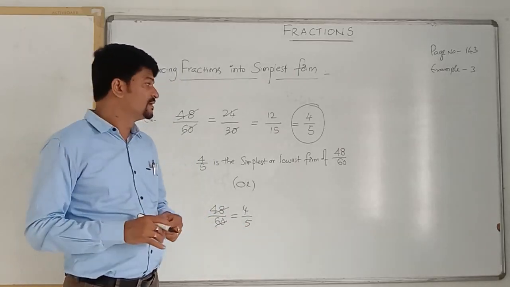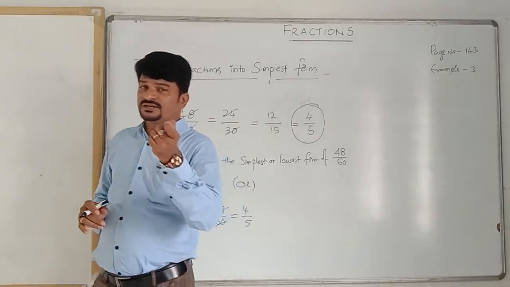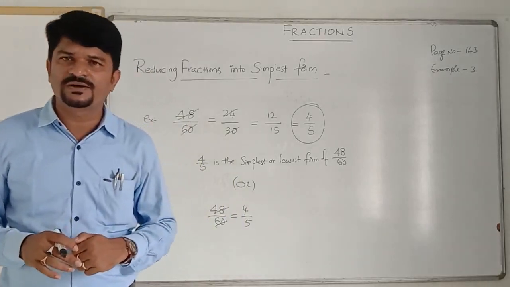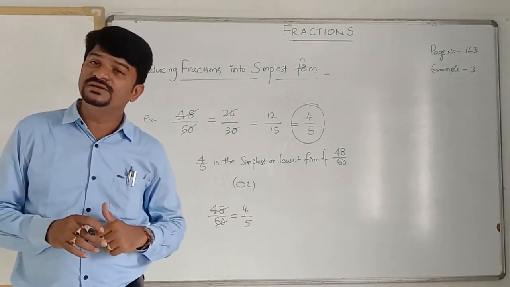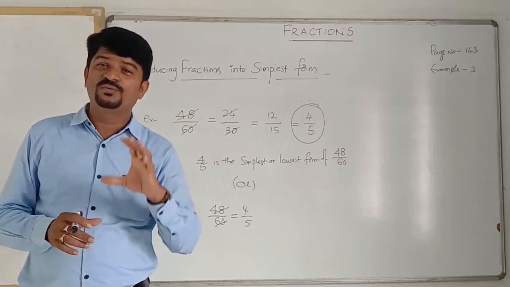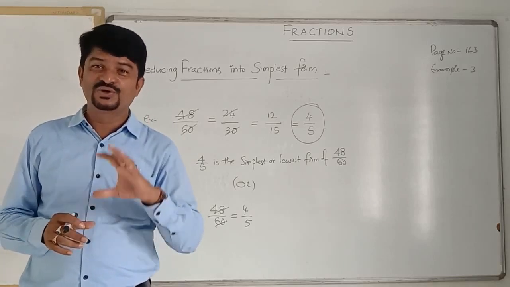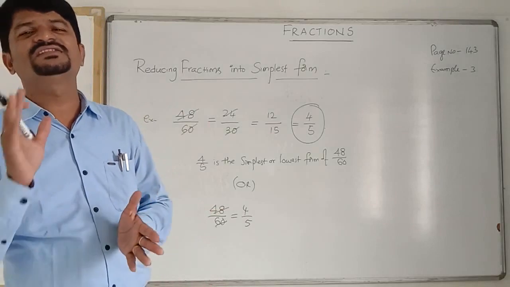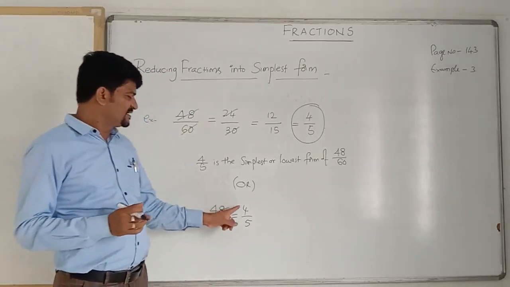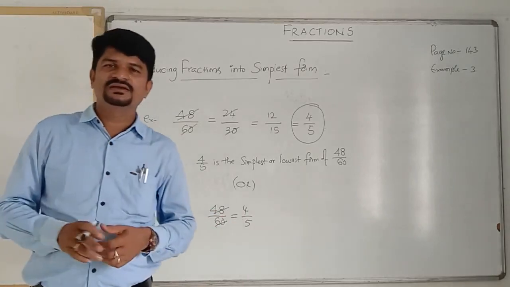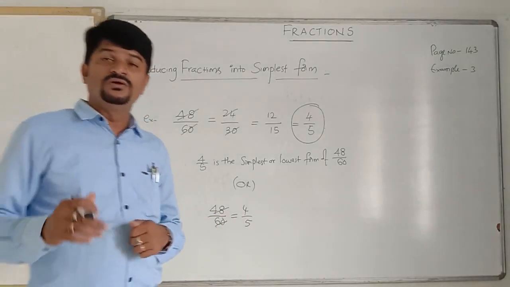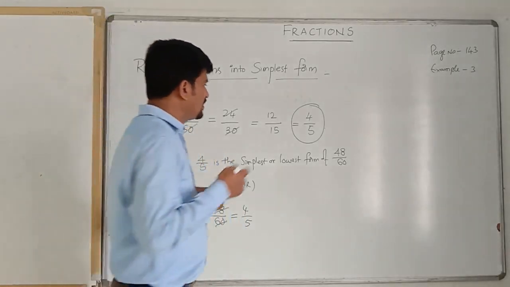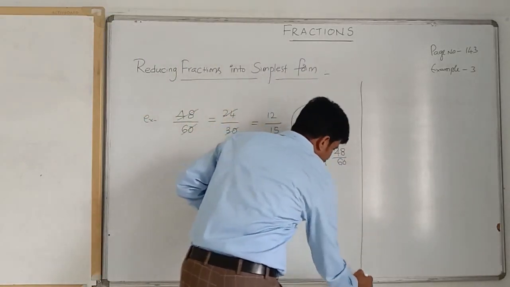Okay, children. At the same time, let me ask one question. Whenever a fraction is in simplest form, then numerator and denominator are called co-primes. What is it? Co-primes is nothing but there is no common factor other than 1. See here, 4 and 5, the common factor is 1. That is why both are co-primes. So whenever a fraction is in simplest form, both numerator and denominator are co-primes. You can write a note point.